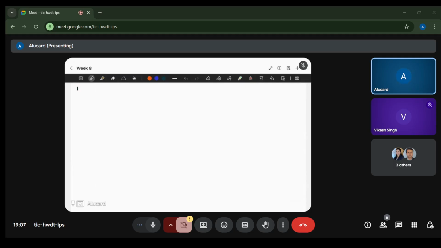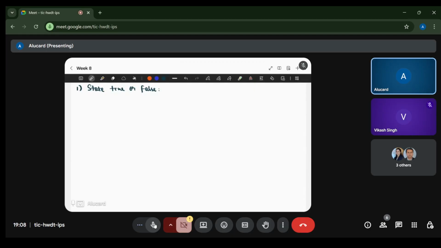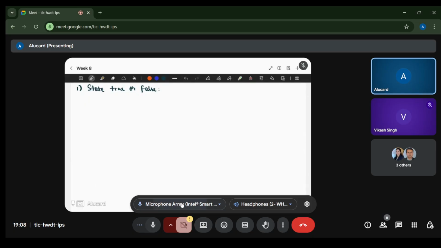Question 1, straight true or false. Transmit diversity scheme allows array gain.